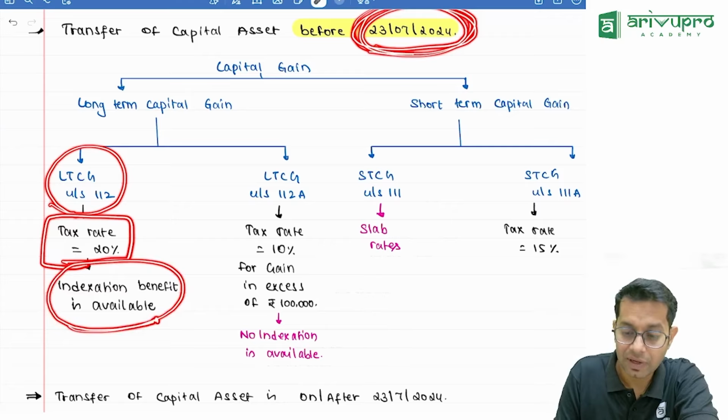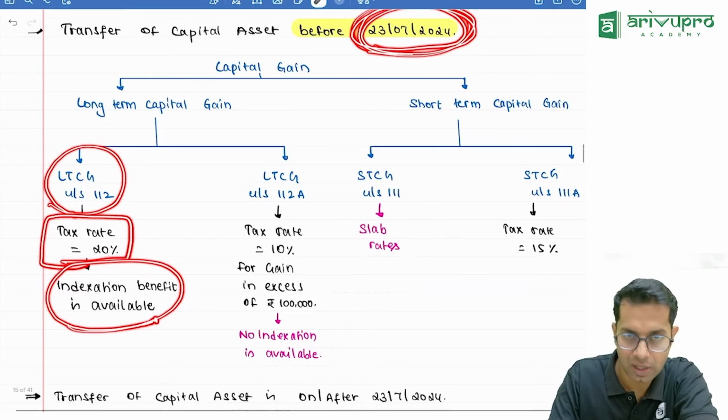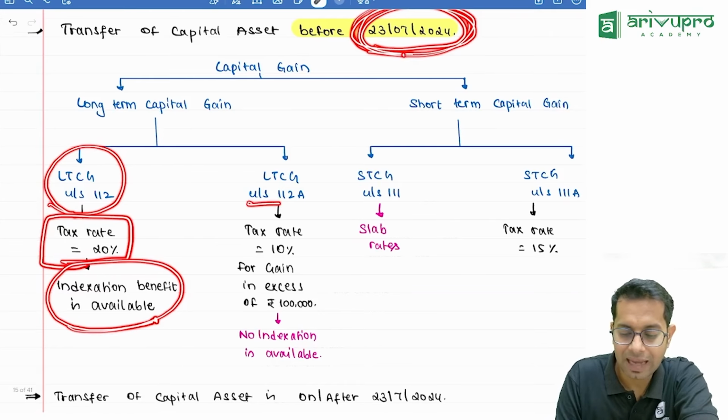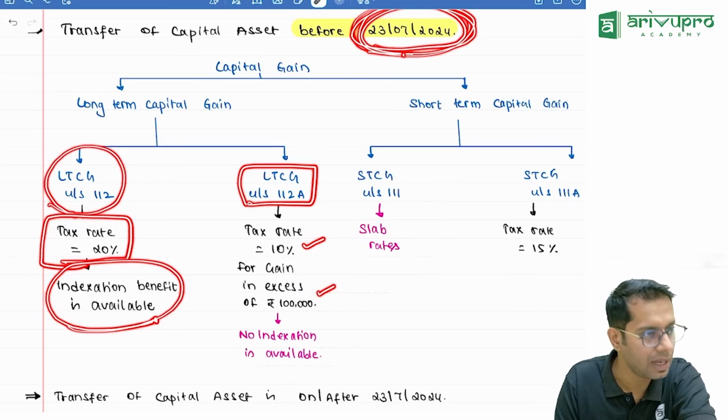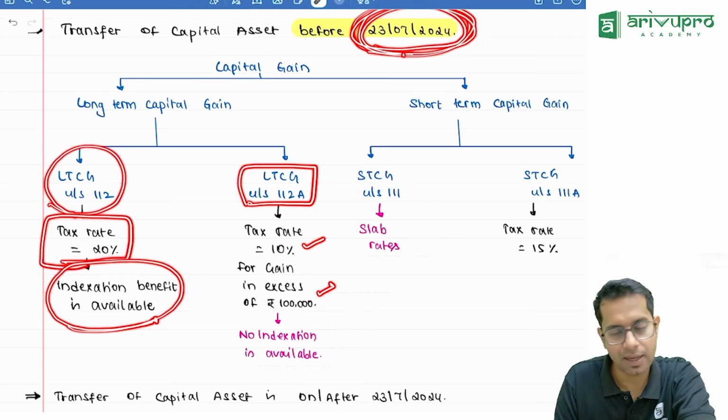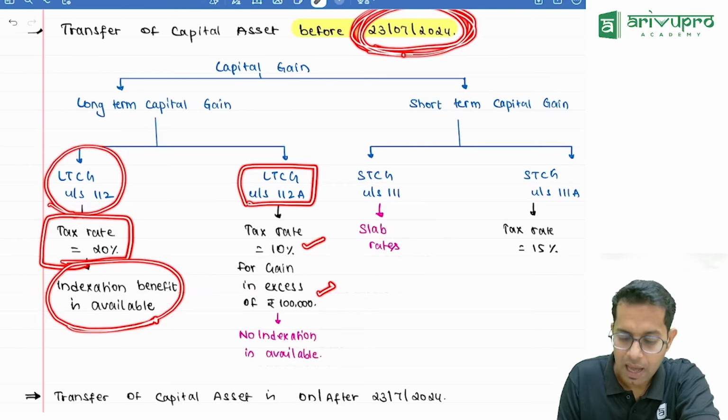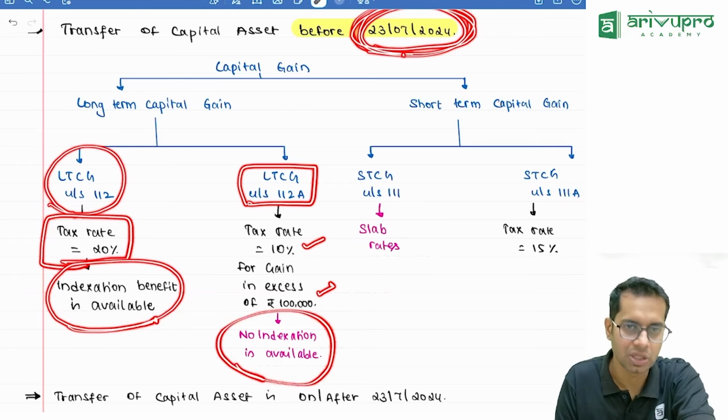Okay. If the transfer is happening before 23rd July and if the capital gain is taxable under 112A, then the tax rate will be 10% for the gain in excess of 1 lakh, meaning up to 1 lakh rupees of gain it is not taxable, but more than 1 lakh it will be taxable at 10%. And for this item I will not get indexation benefit.